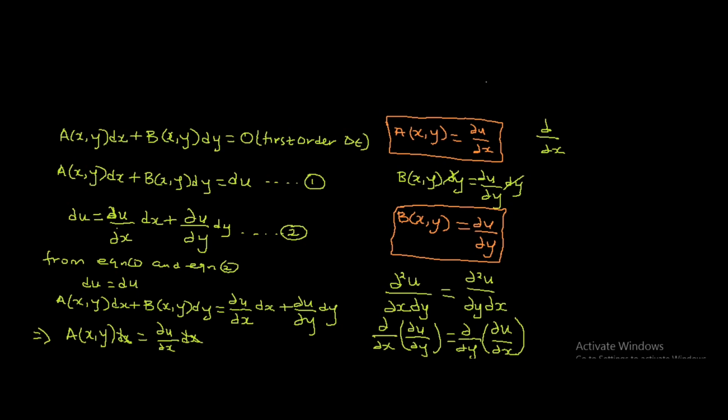So here you can put B(x, y) equals, and we found ∂u/∂x to be A(x, y).